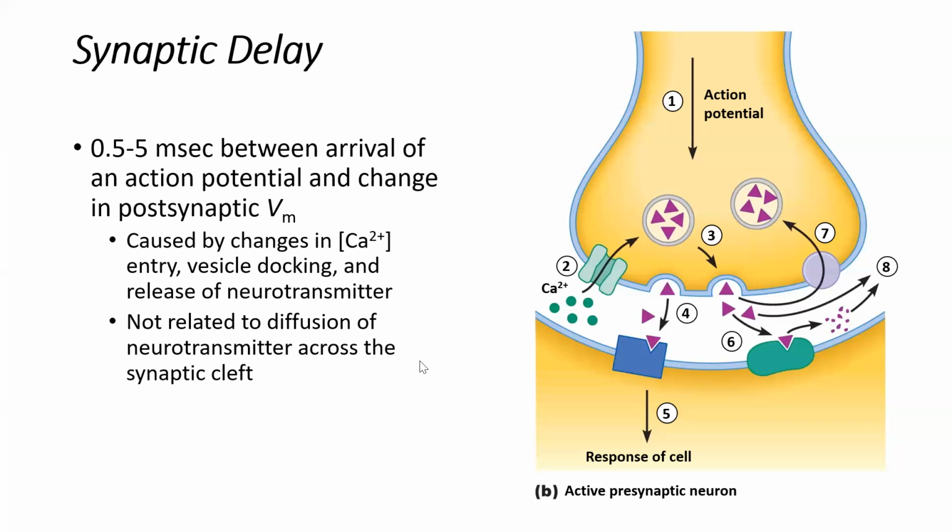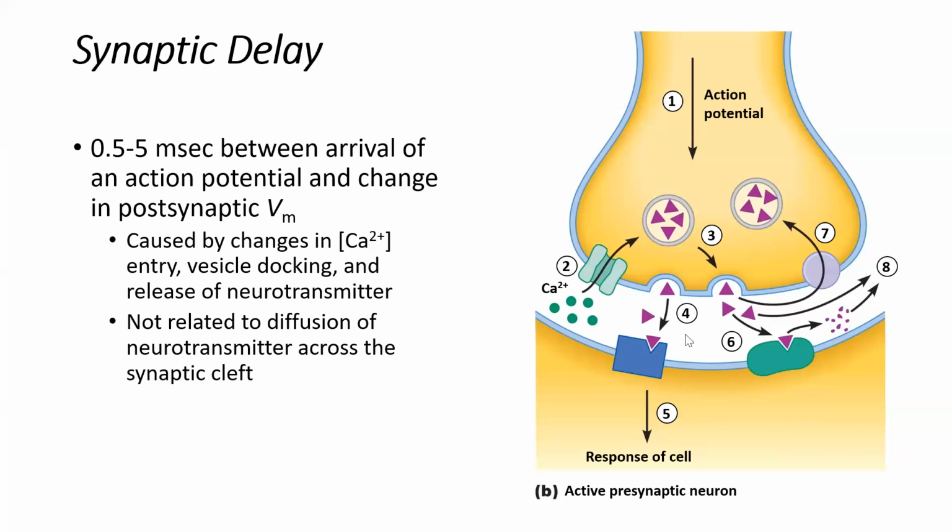Now, what this delay is not due to is diffusion across the cleft, okay? We would be tempted to think, oh, it'll take some time for this neurotransmitter to diffuse across the cleft. That is not true. So the delay that we see between the arrival of the action potential and the response, the membrane potential change on our postsynaptic neuron, is not at all owed to the time that it takes for diffusion to occur.